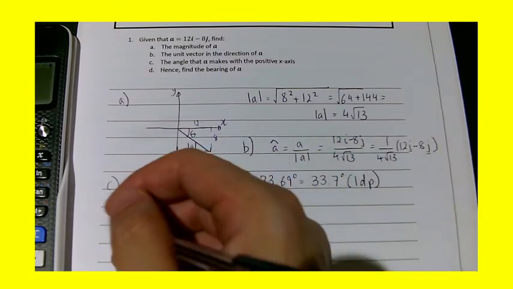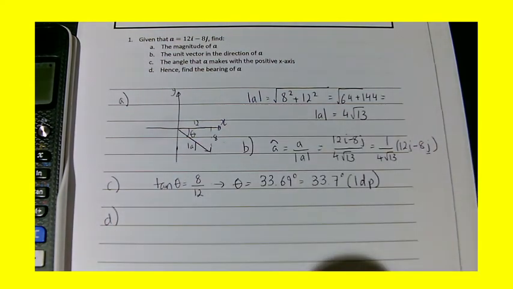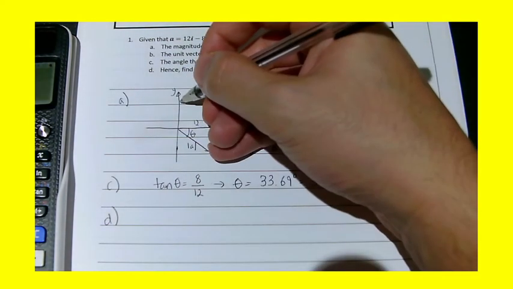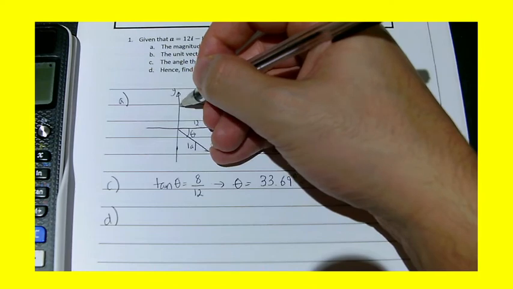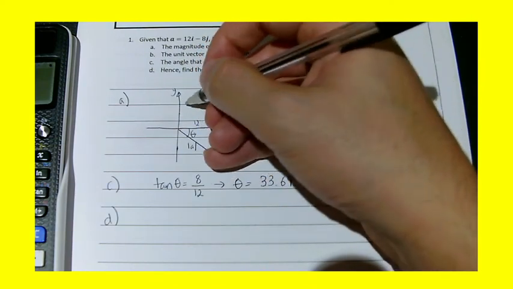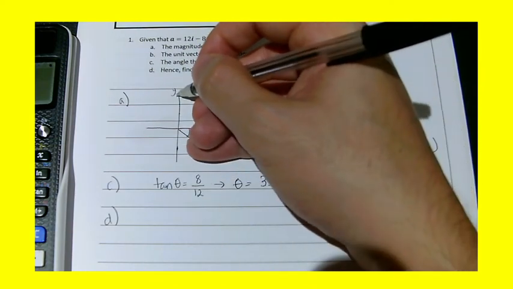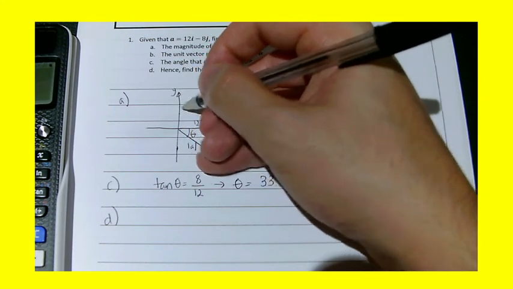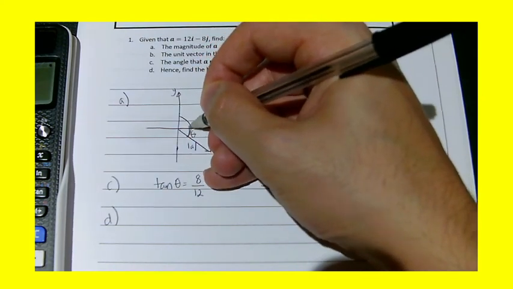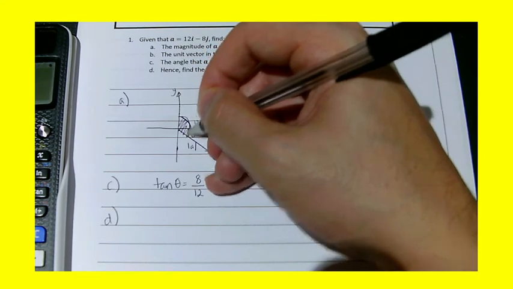And hence find the bearing of a. If you remember from GCSE, bearing is the angle that a particular direction is from the north line, and in this context, the north line is the y-axis. So this whole angle here is the bearing that we need.